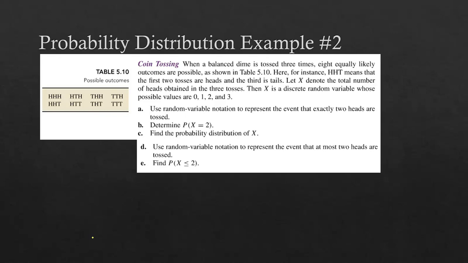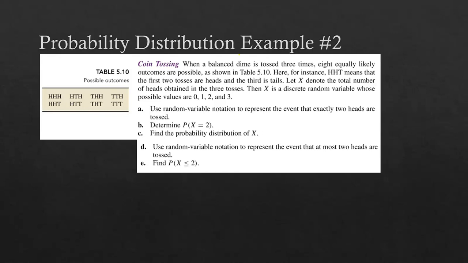For instance, HHT means that the first 2 tosses are heads and the third is tails. So let X denote the number of heads obtained in 3 tosses. Capital X, our random variable. Then X is a discrete random variable whose possible values are 0, 1, 2, and 3, because you can either have no heads tossed, 1 head tossed, 2 tossed, or 3 tossed.